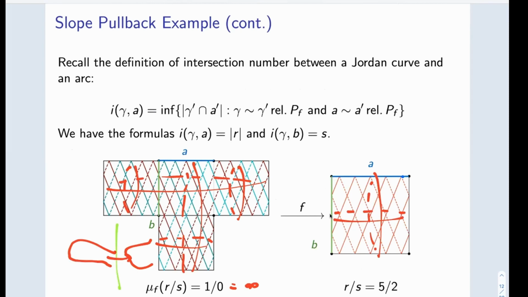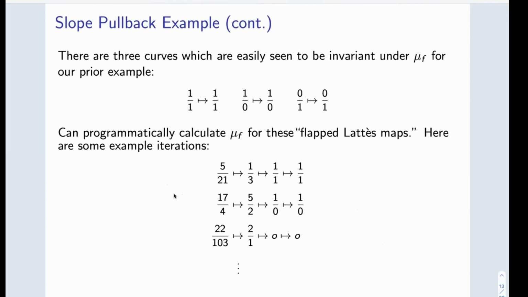All right, and eventually that will close up, and then you can do that on this other side as well. And this is a way of evaluating mu f in general, though it's a little inefficient. There are other ways too.